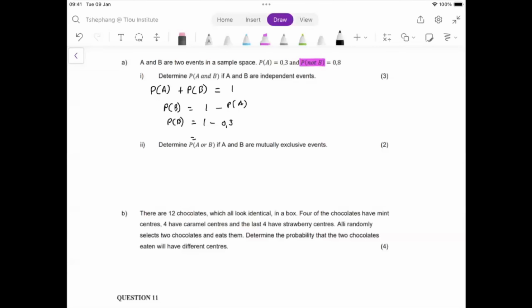Oh, sorry, my mistake. The probability of not B, I'm making a silly mistake, let me correct myself. They said anything that's not B is 0.8. So I have to say 1 minus 0.8.